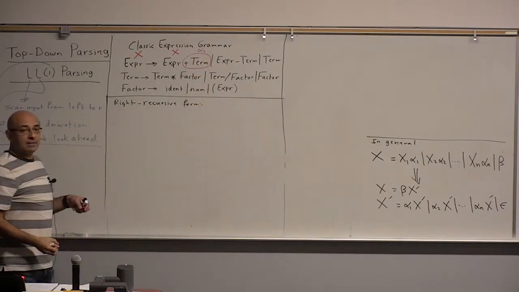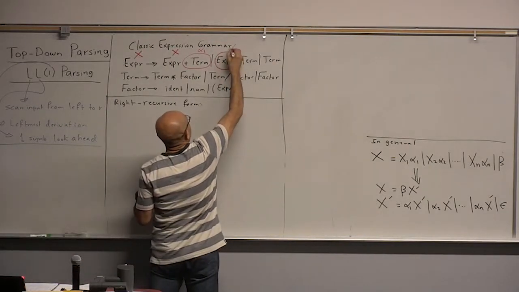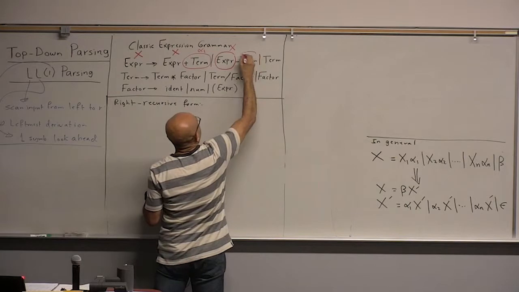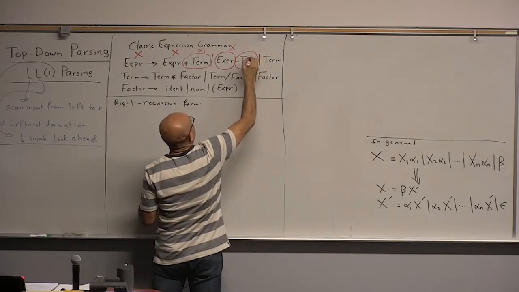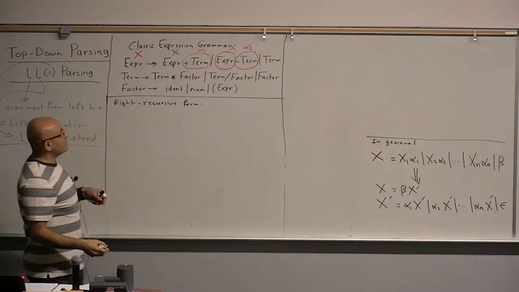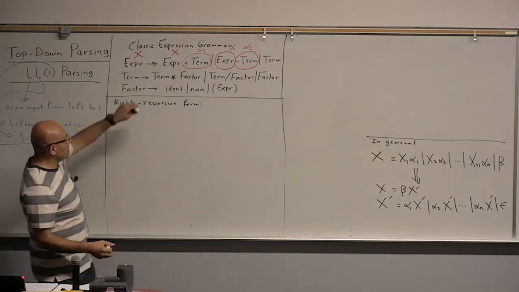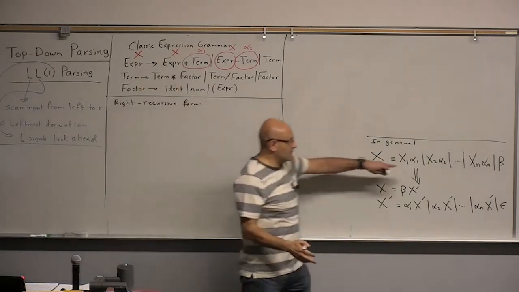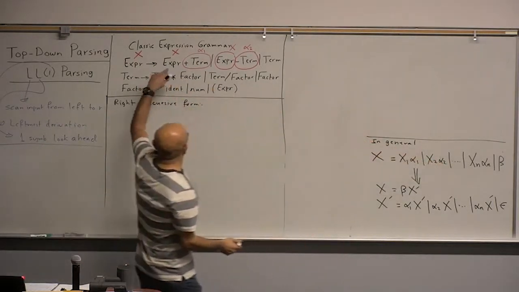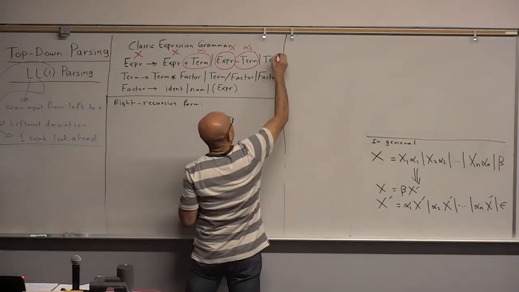And this is another x. And what's this? Alpha 2. And what's term? Beta. So we only have two alphas in this case. This is the general formula. In this grammar, we only have alpha 1 and alpha 2. And this is our beta.